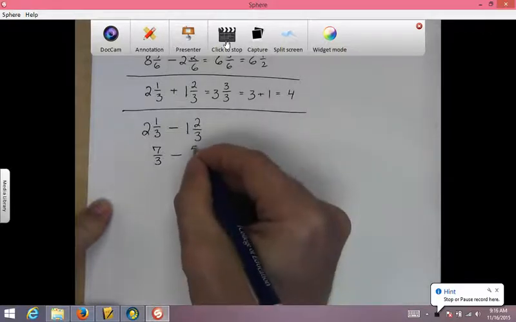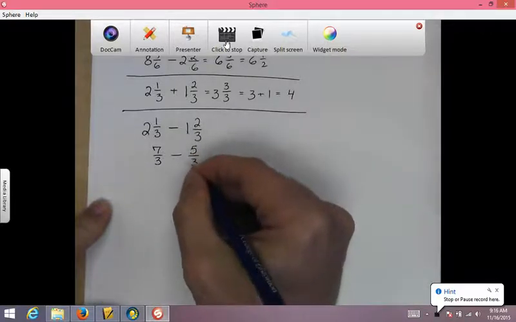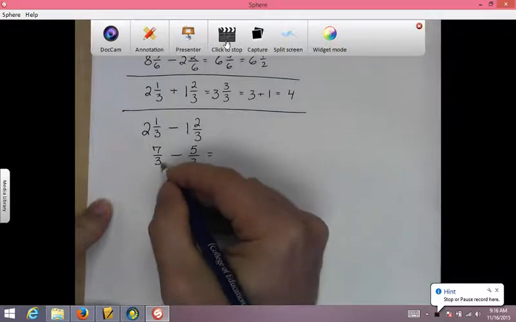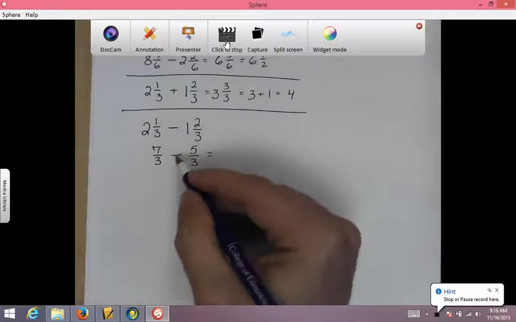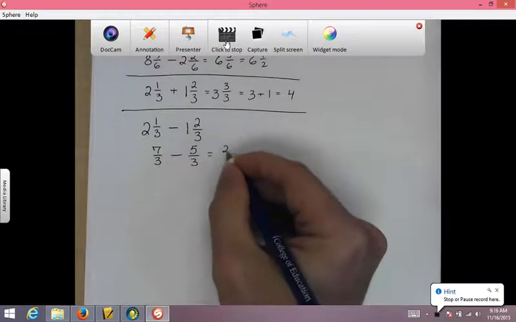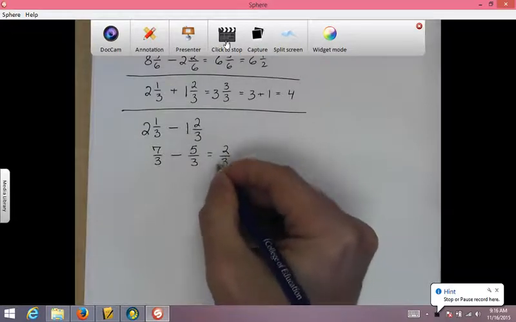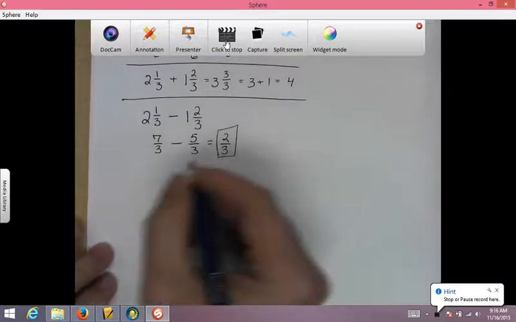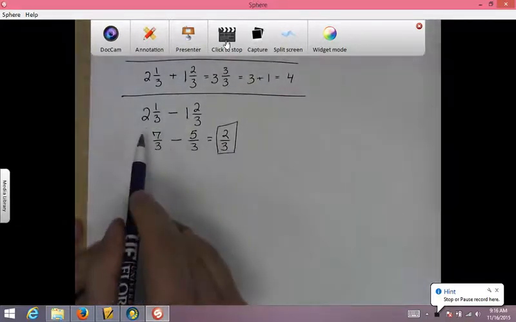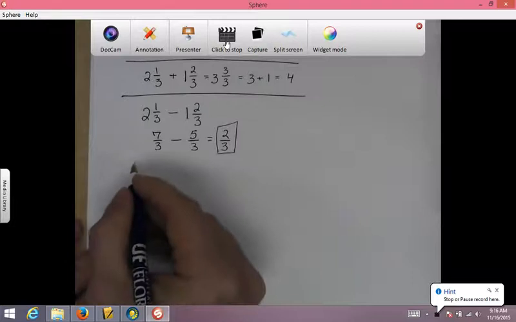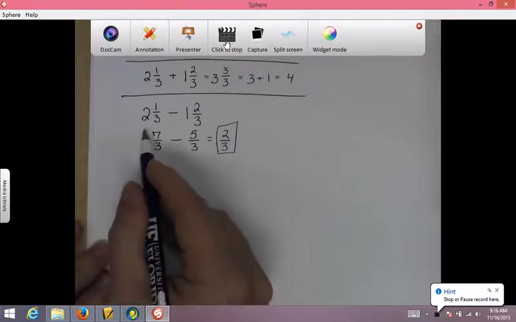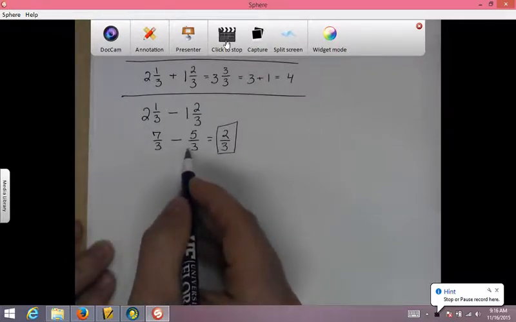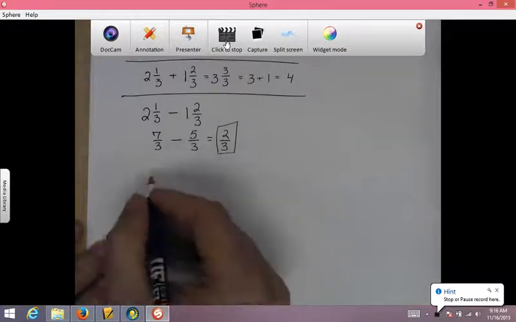So the improper fraction here, 5/3. Well, 7/3 minus 5/3, 7 minus 5 is 2. Denominator's 3, there's my answer, 2/3. The whole number is gone because we made these into improper fractions. And it just stays like that.